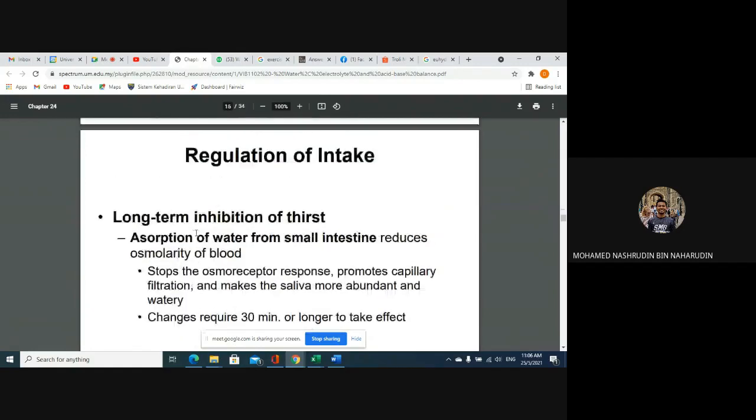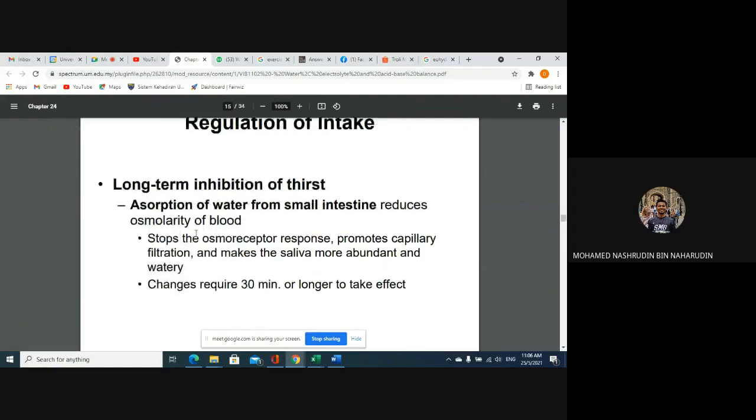The next one is the regulation of intake. Long-term inhibition of thirst: absorption of water from the small intestine reduces osmolality of the blood, stops the osmoreceptor response, promotes capillary filtration, and makes the saliva more abundant and watery.